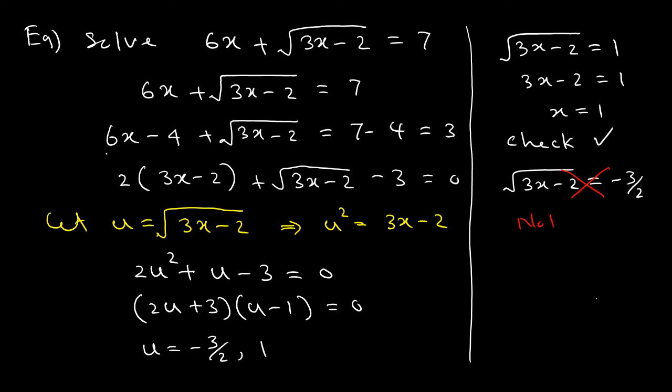So you don't get a solution. So the only solution you get is x equals 1, because this is a square root term, that's a positive term, but it cannot be equal to a negative term. So that means it's not going to work. Good.